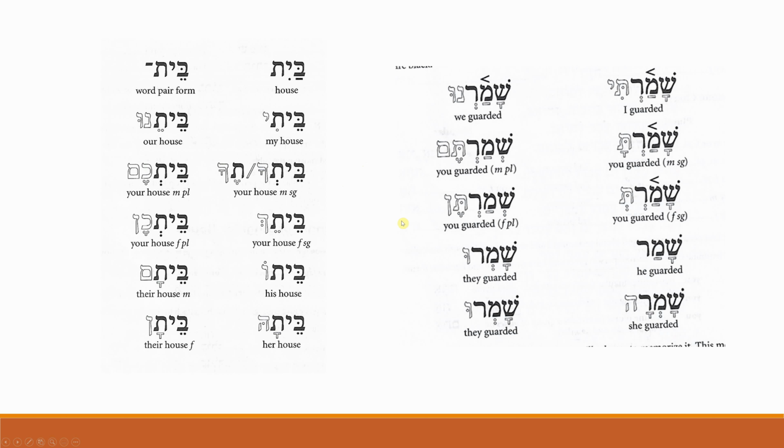Go ahead and take a look at them for just a minute, and then I want to discuss some similarities and differences. The reason I did this is because I want to show you how your previous knowledge of perfect endings can, in some cases, help you to recognize the pronominal suffixes showing possession.